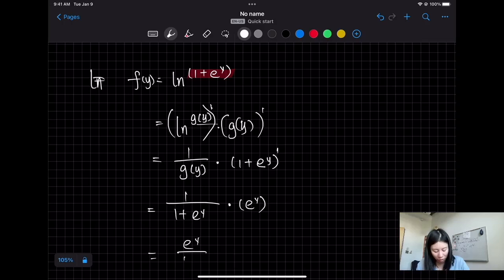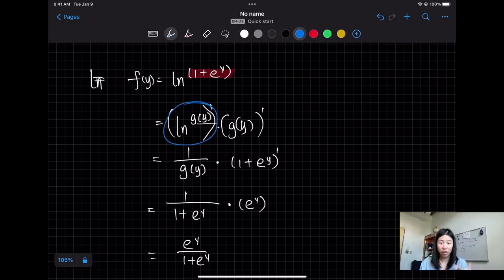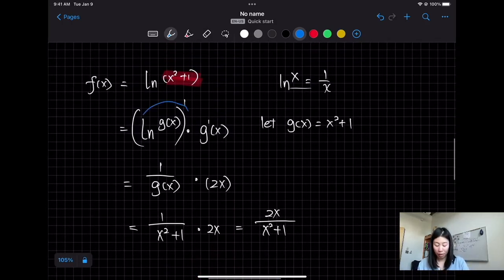When it comes to the chain rule, in the first part you get the derivative with respect to the whole function, which is g of y. For the second part, you get the derivative of that function with respect to the variable y. Similar to the example here, you get the derivative of ln g of x with respect to g of x, but for the second part, you get the derivative of g of x with respect to x.